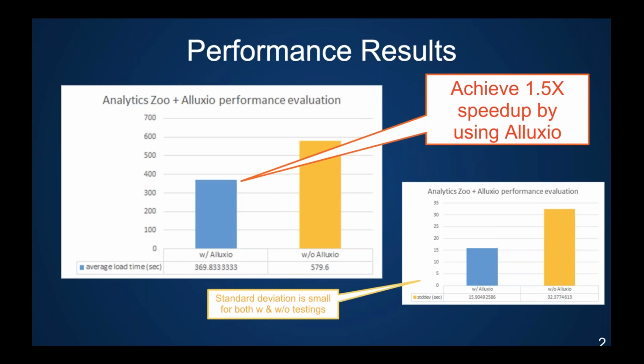So I think the data is quite convincing. So basically we combine Alluxio and Analytics Zoo. We have a good solution to do the deep learning on a big data cluster. So that's the performance result. So let me give back to Finn for conclusion.